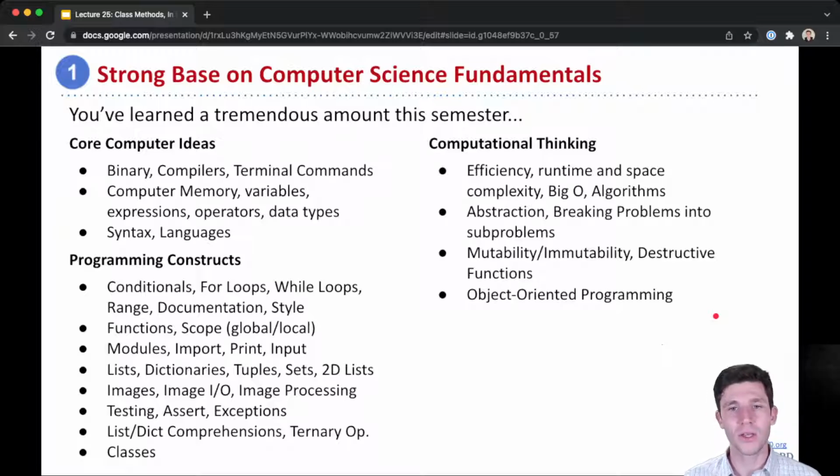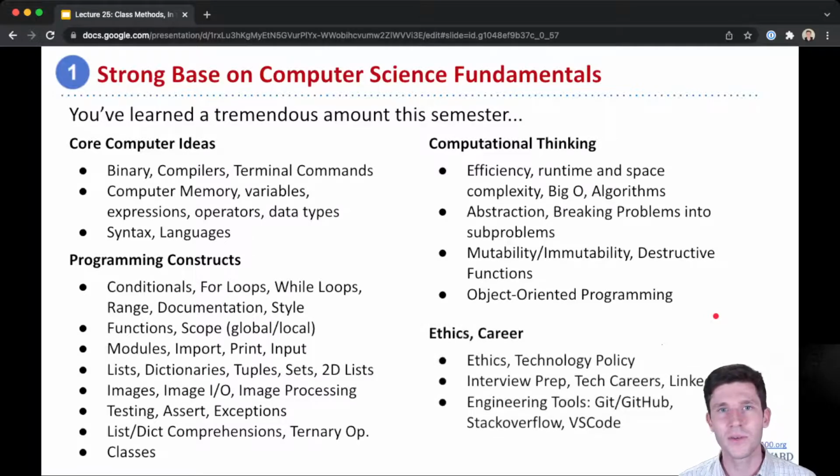And so all along the way, you've been learning aspects of computational thinking. Some really big ones that will keep coming up, like abstraction, or how you break large problems into sub-problems, which is what we're often doing with functions. And object-oriented programming and efficiency.